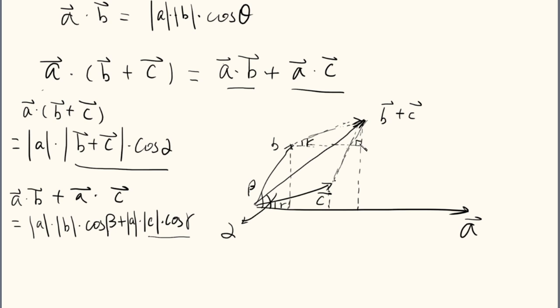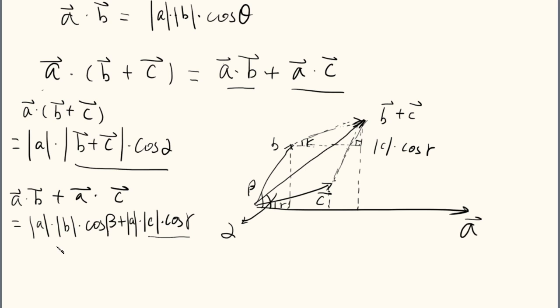So the length of this line is the absolute value of vector C times cosine gamma. So this is this, and this is this.